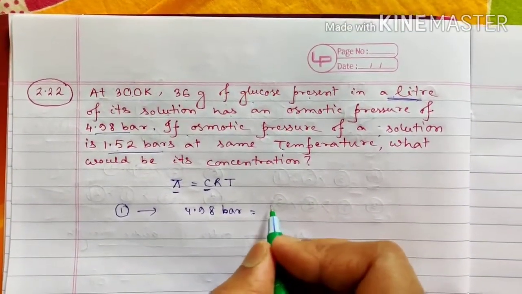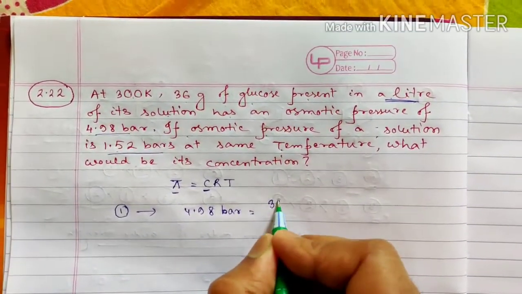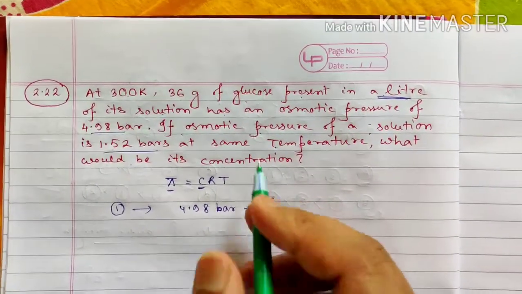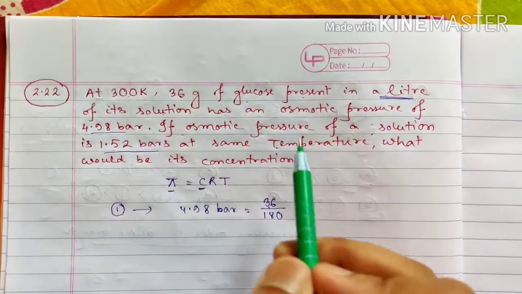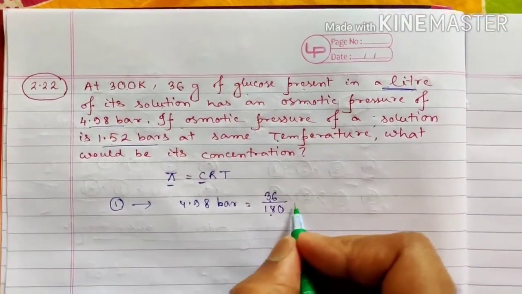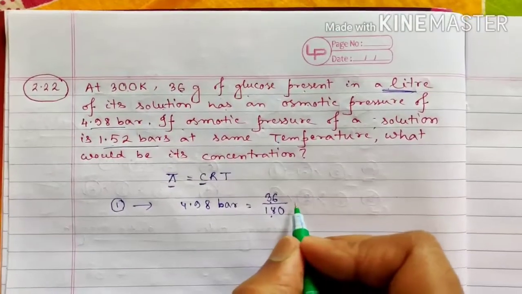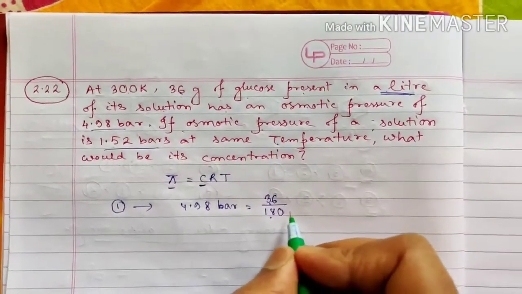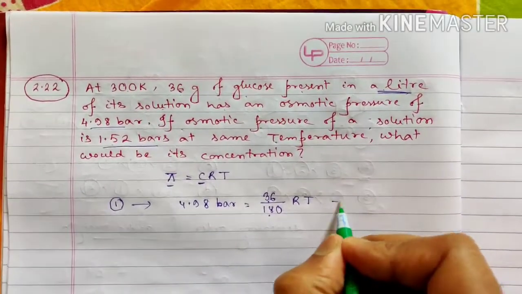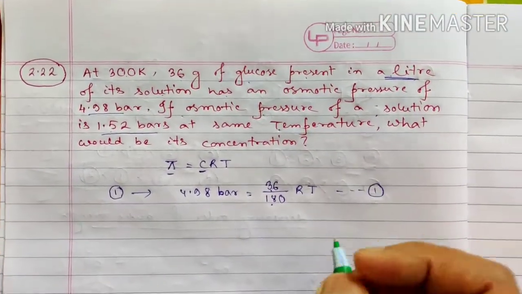If we put that in molarity, we can put 36 by 180. Why 36? Because here it is given 36 gram of glucose, and 180 because it is the molar mass. So this is the concentration term, 36 by 180, into R into T. So this is the first equation.